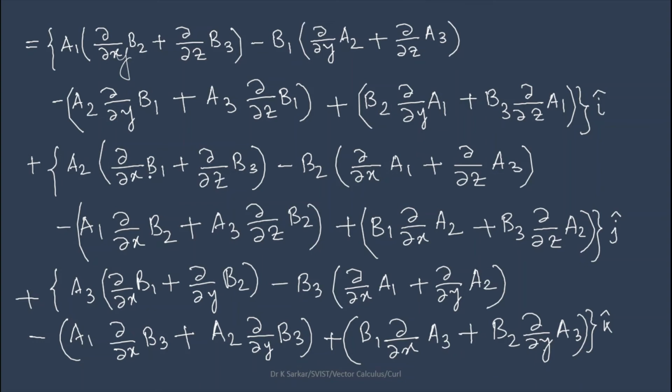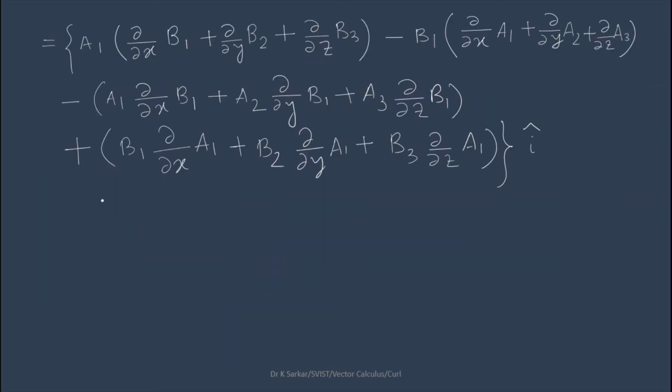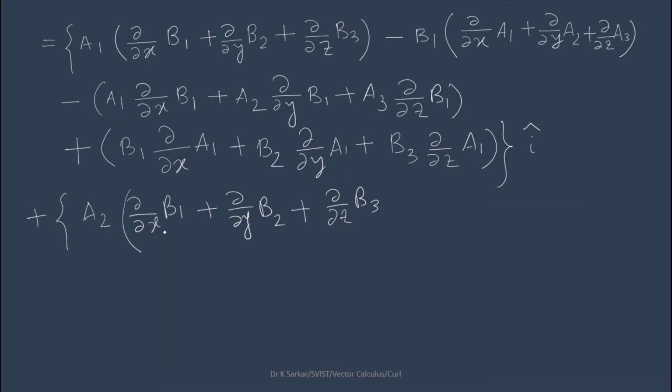So here we see that we need del y b2. So plus a2 del y plus del z b3. Added, we have to subtract that also.